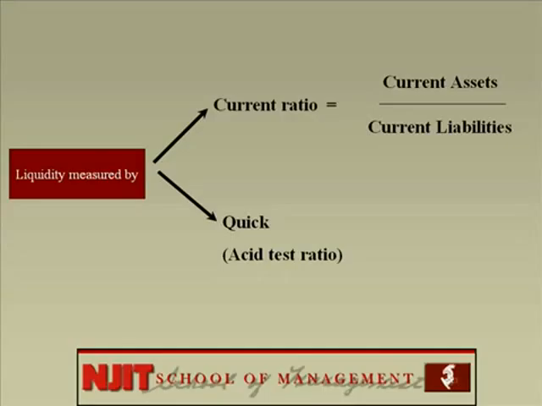Guess what a company has a tendency to do if their current ratio is low? Don't get shocked. Company accountants tend to cheat or manipulate. They manipulate so the current ratio looks healthy.